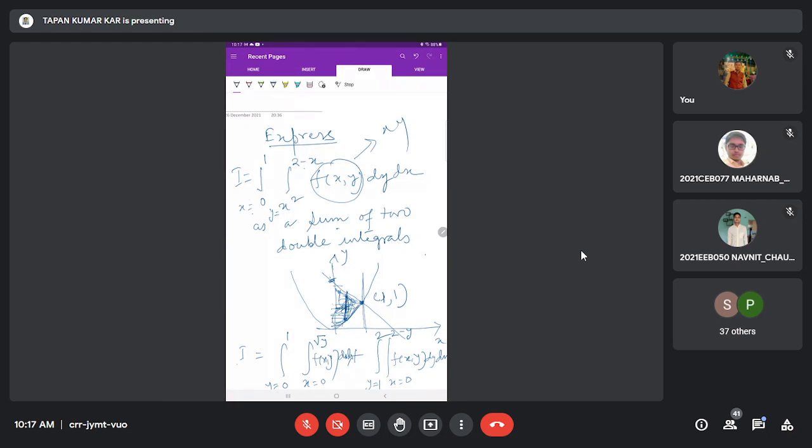Then it is also possible to evaluate. But here the question is to express it as a sum of two double integrals, so you have to consider y varying from 0 to 1. Is it clear? Yes, sir, clear.